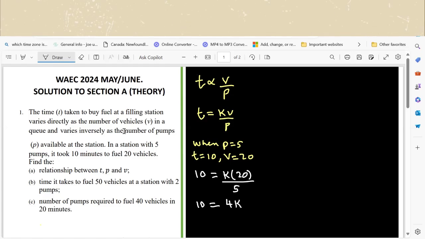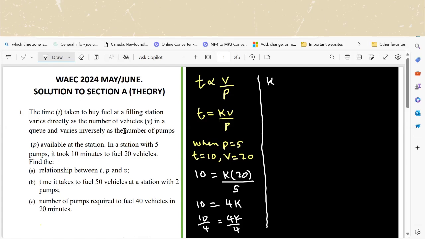So if we divide by 4, we're going to have our K to be 10 over 4, which is 5 over 2. So T equals 5V all over 2P. So this is the relationship that connects T, P, and V.